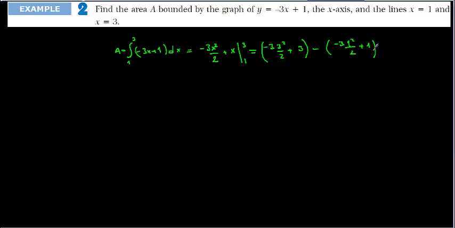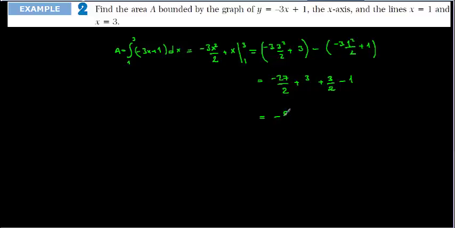Here, minus 3 times 3 squared is equal to minus 27 over 2, plus 3. And this one is going to be minus 3 over 2 plus 1.